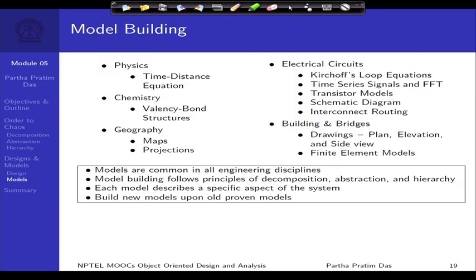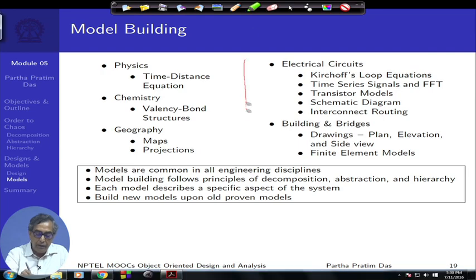And similar models we have seen in a variety of domains that we have already studied, like in chemistry we have seen valency bond structure, which tells us how the different atoms bind to make molecules and bigger molecules and so on. In geography we have learned models of maps, projections, and so on. And if you look at the right hand side, these are some of the engineering applications.